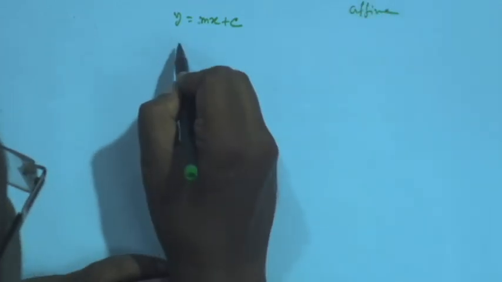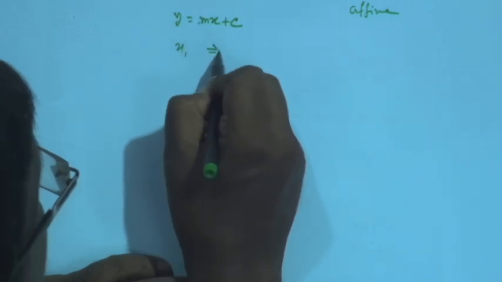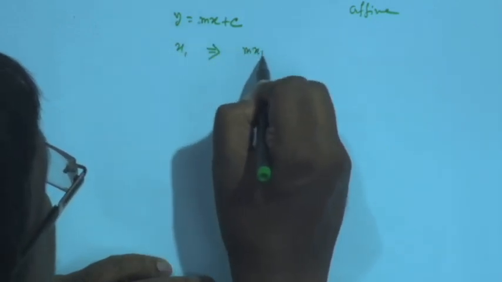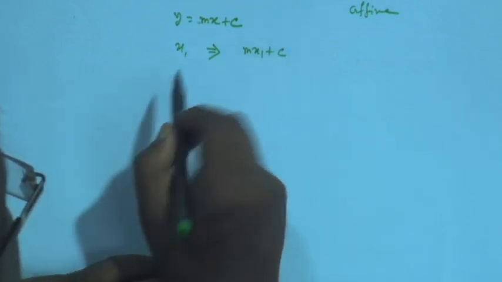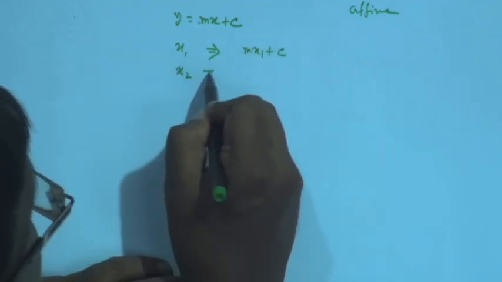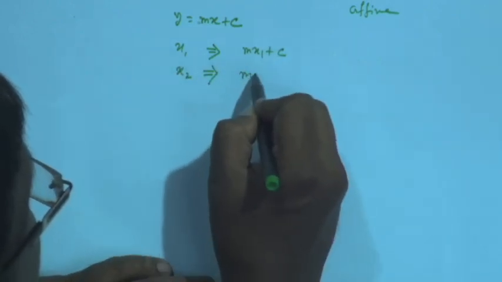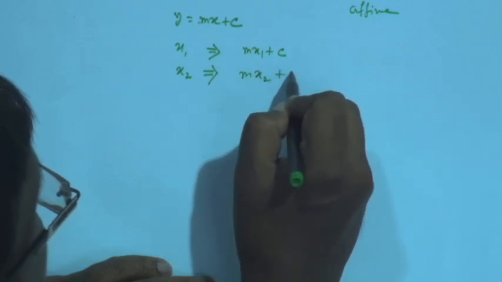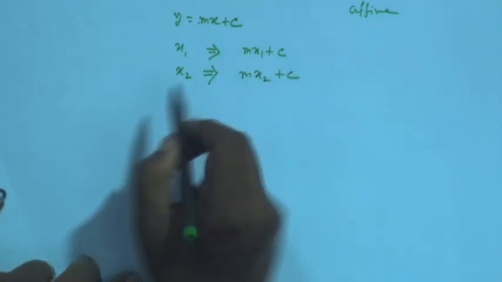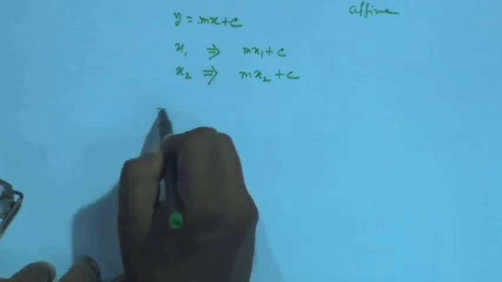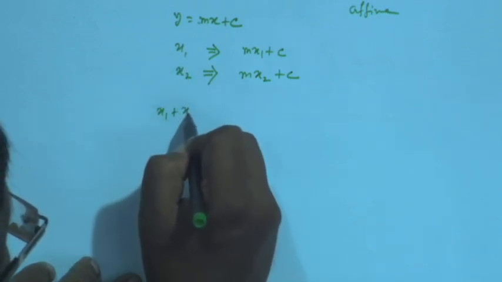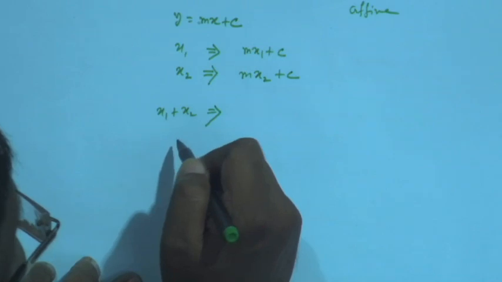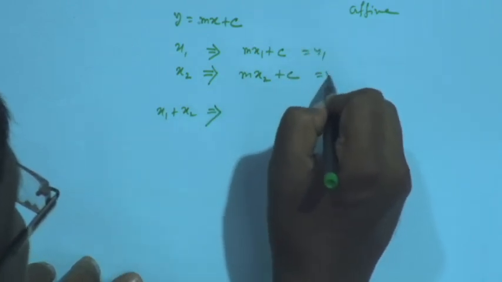It is not linear, because suppose x1 gives mx1 plus c, and you give x2, mx2 plus c. If I give just a combination, say x1 plus x2 with c1 as 1, this is my y1, this is my y2.